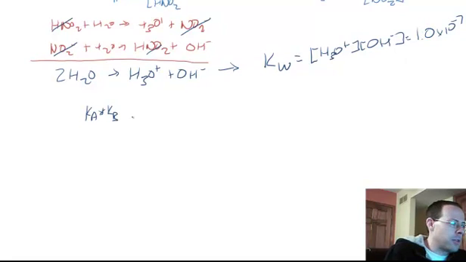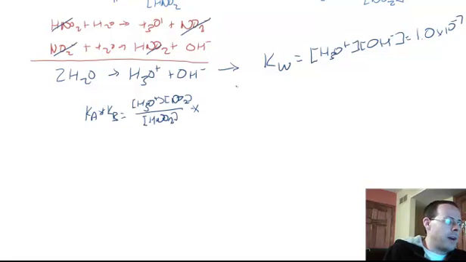So our equilibrium expression for Ka was hydronium times nitrite all over nitrous acid. And then we're going to multiply that by our Kb expression, which was nitrous acid, I keep on saying nitric, times hydroxide all over nitrite ion. Okay?